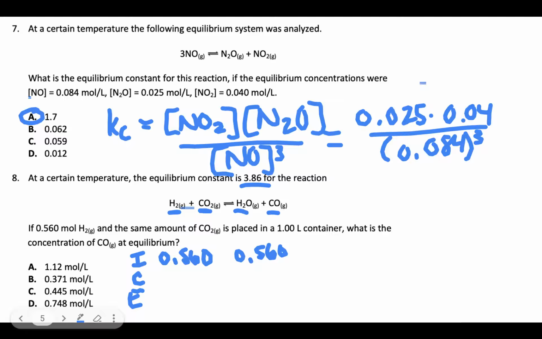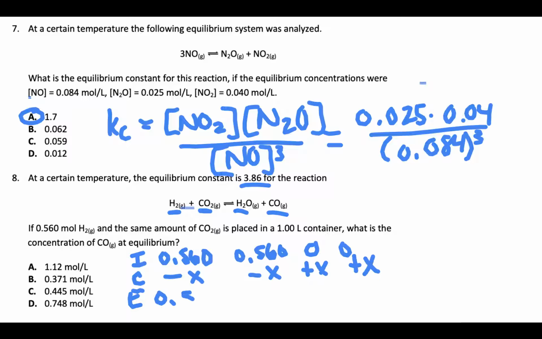To begin with, we would have no products. Then the mole ratio, so subtract x, plus x, plus x, and then filling in our column: minus x, 0.56 minus x, x, and x.